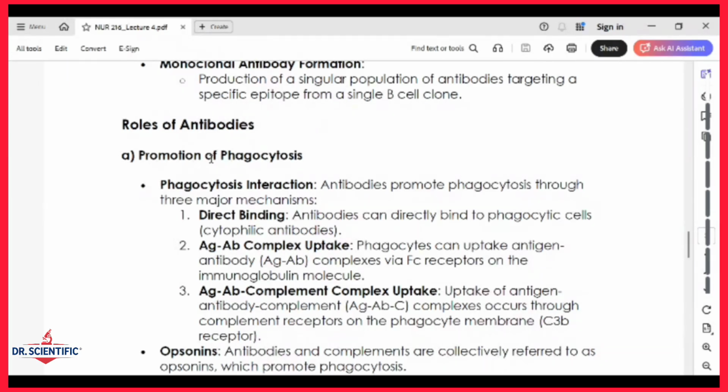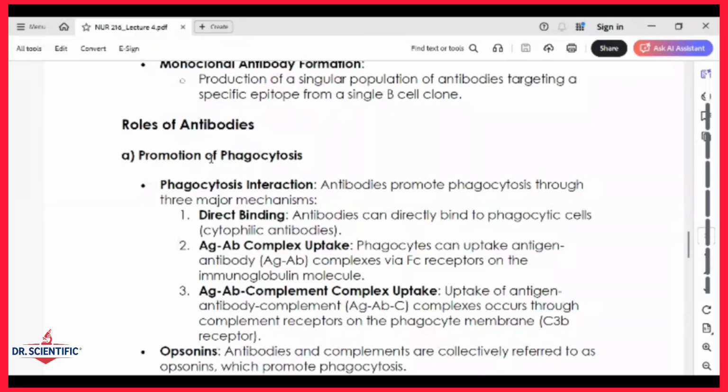Then it's also possible to form antigen, antibody, and complement complex. Remember, we talked about complements being opsonins. C3b is a very good opsonin.